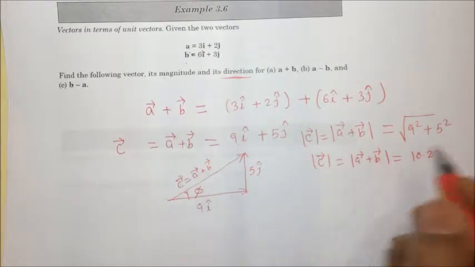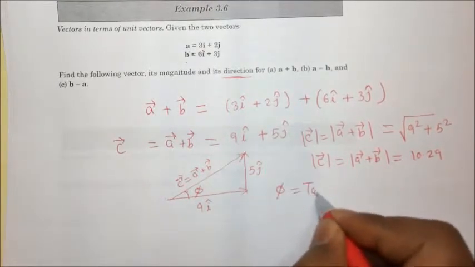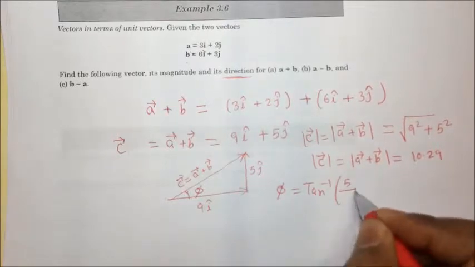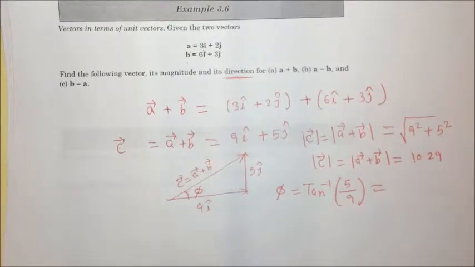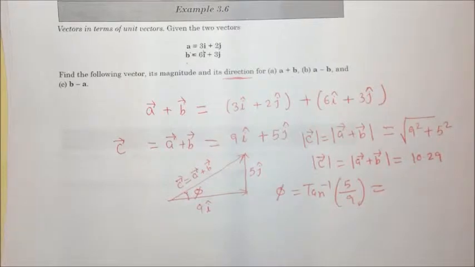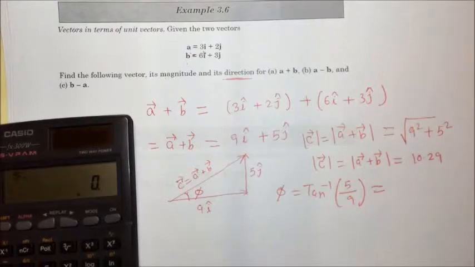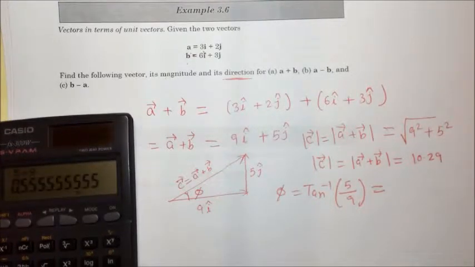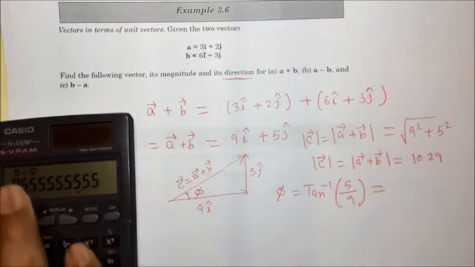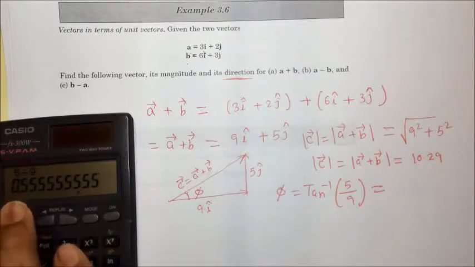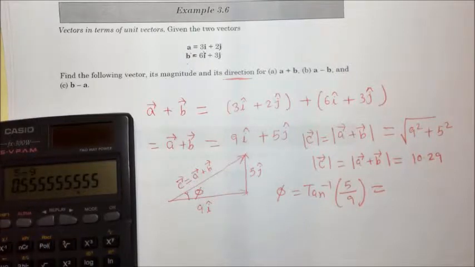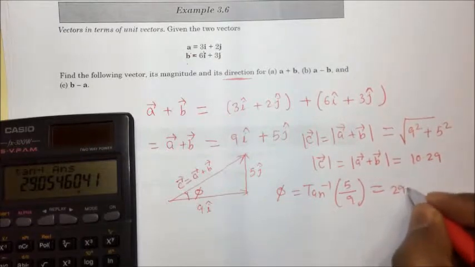Suppose this is phi, so phi will be tan inverse 5 over 9. Divided by 9 and shift tan inverse. This number is 29.05 degrees.